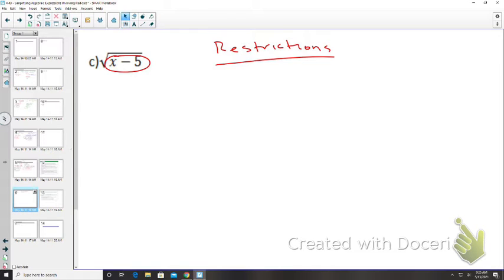So x minus 5 is greater than or equal to 0. Let's solve which values of x will ensure that we have a positive radicand. We add 5 to both sides, and we find that x is greater than or equal to 5.